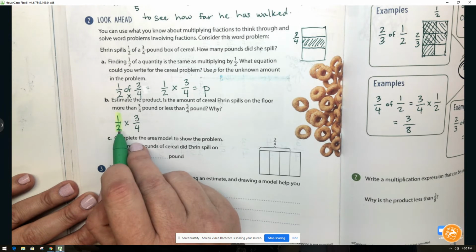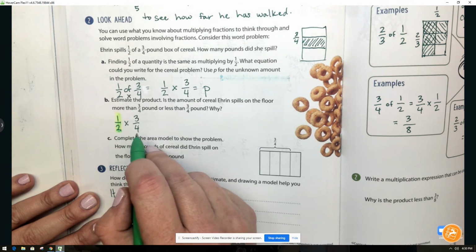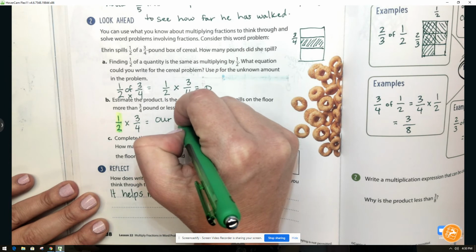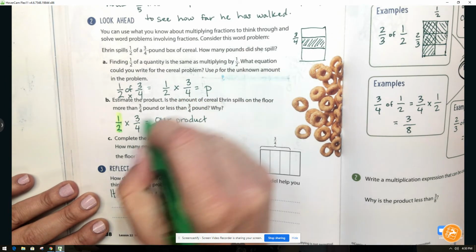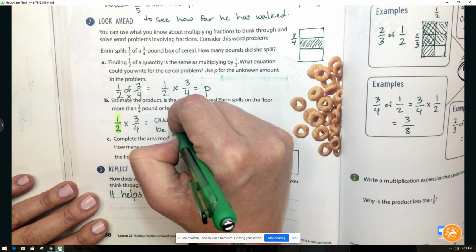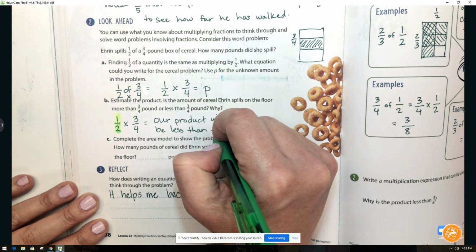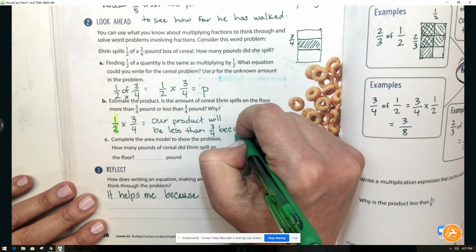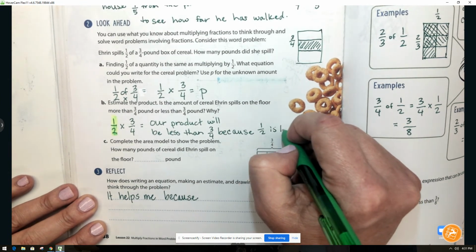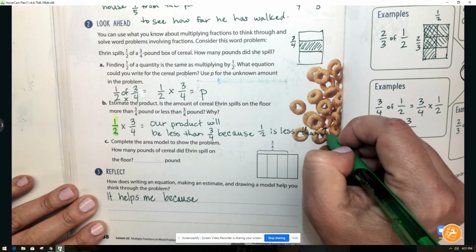That's right, it's less than 1. So if this fraction is less than 1, that tells us that our product of these two fractions will be less than 3/4 because 1/2 is less than 1.